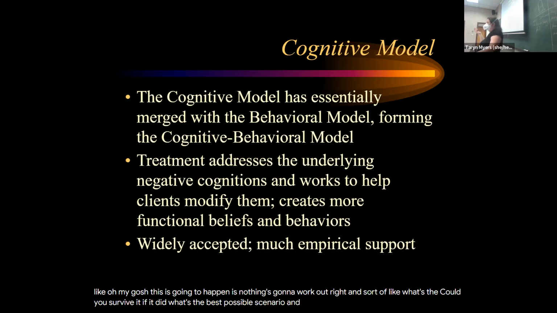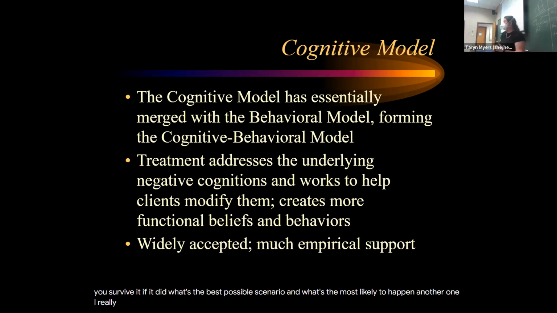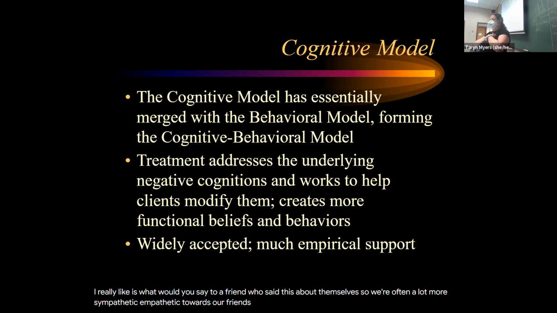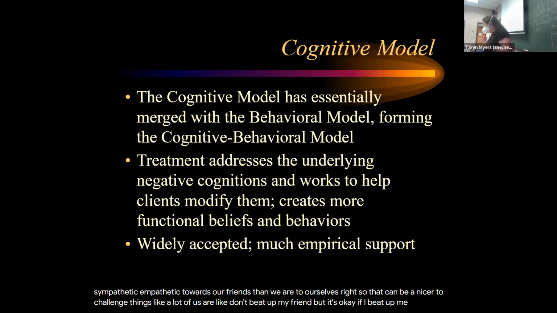And what's the most likely to happen? Another one I really like is, what would you say to a friend who said this about themselves? We're often a lot more sympathetic, empathetic towards our friends than we are to ourselves, right? So that can be a nice way to challenge things. Like a lot of us are like, don't beat up my friend. But it's okay if I beat up me, right?